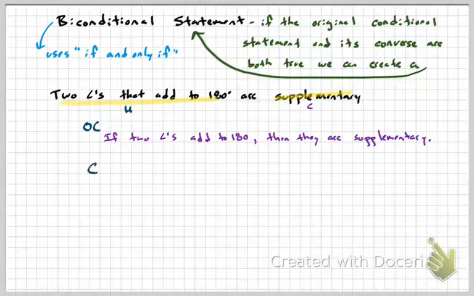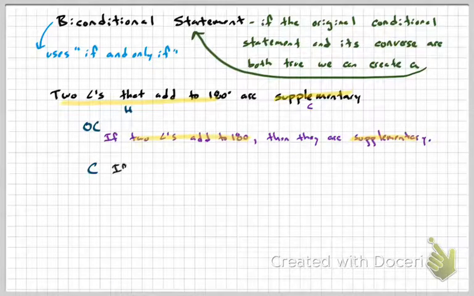Let's now write the converse. So I'm going to flip-flop this term and this term. Okay. Now sometimes, guys, you have to kind of dissect it a little bit. Like, I'm not going to say if they are supplementary, then they add to 180. I'd probably still keep the two angles part attached to the if.